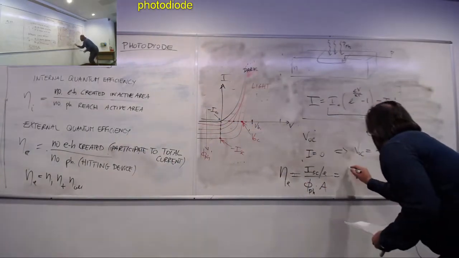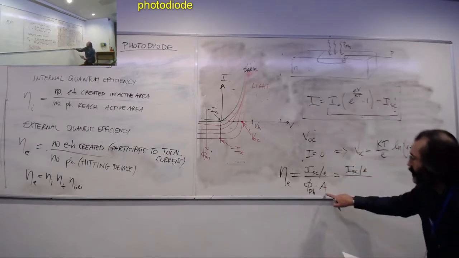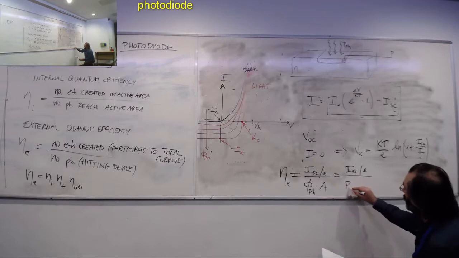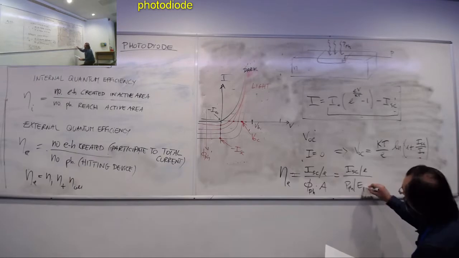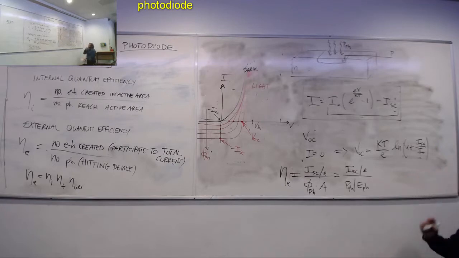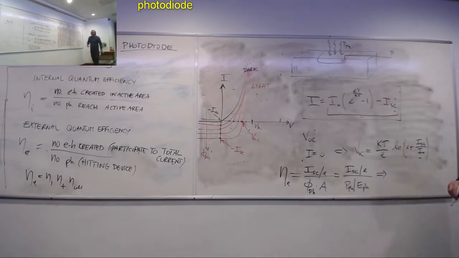ISC over E divided by, this quantity here can be written as the power of the photons over the energy of the photons. And so we have this nice relation. Here. So ISC.